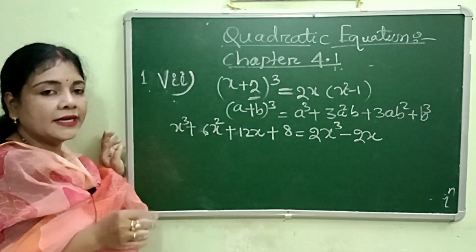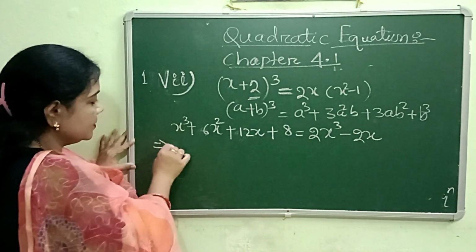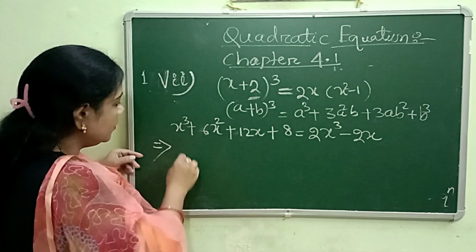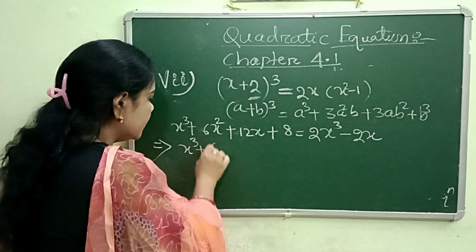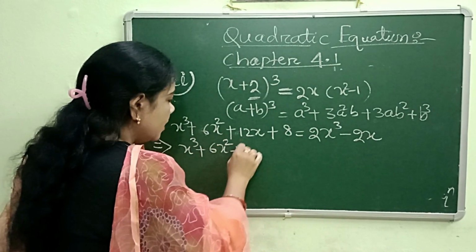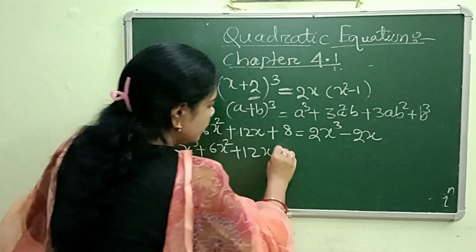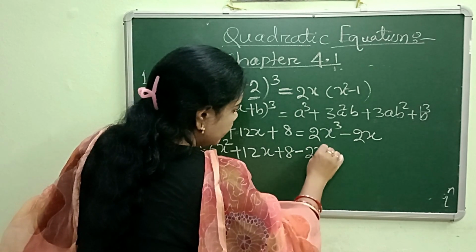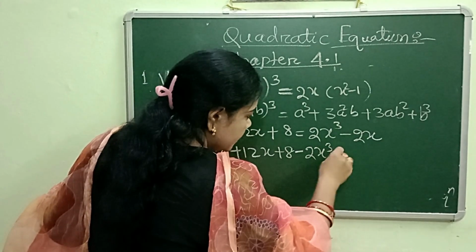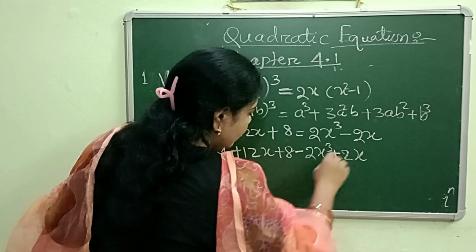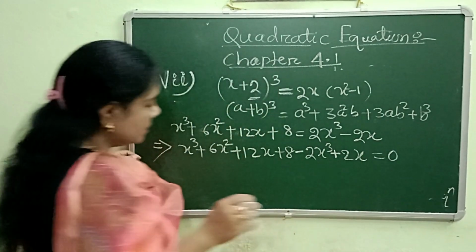Now let us bring all the right hand terms to left hand side. So the equation will be x cube plus 6x square plus 12x plus 8 minus 2x cube plus 2x equal to 0. Now let us solve this.